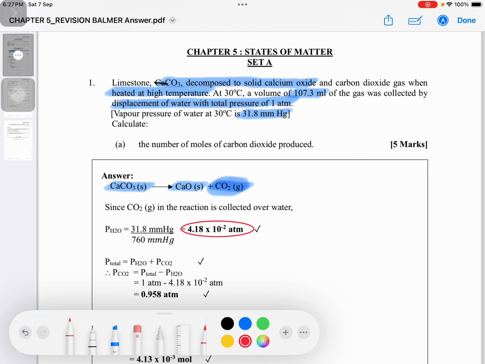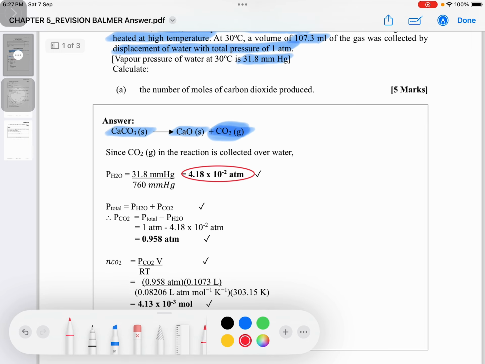So this is the partial pressure of H2O. P total is equal to PH2O plus P carbon dioxide. The total pressure at atmospheric pressure is 1 atm. So 1 atm minus 4.18 times 10 to the negative 2 atm, we have 0.958 atm. This is the pressure of carbon dioxide.